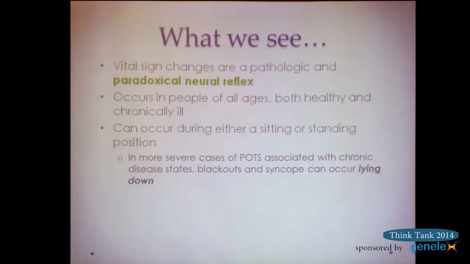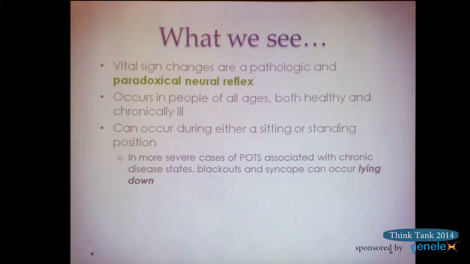So what we see are vital sign changes that are pathologic and reflective of a paradoxical neural reflex. The end result is our cardiovascular symptoms, but in fact, it is a peripheral neuropathy that ends up affecting a variety of systems in the body.